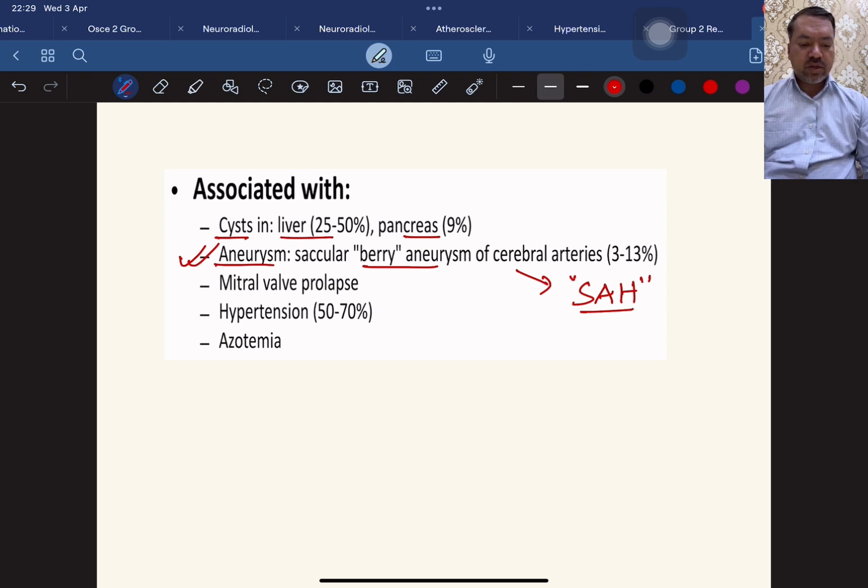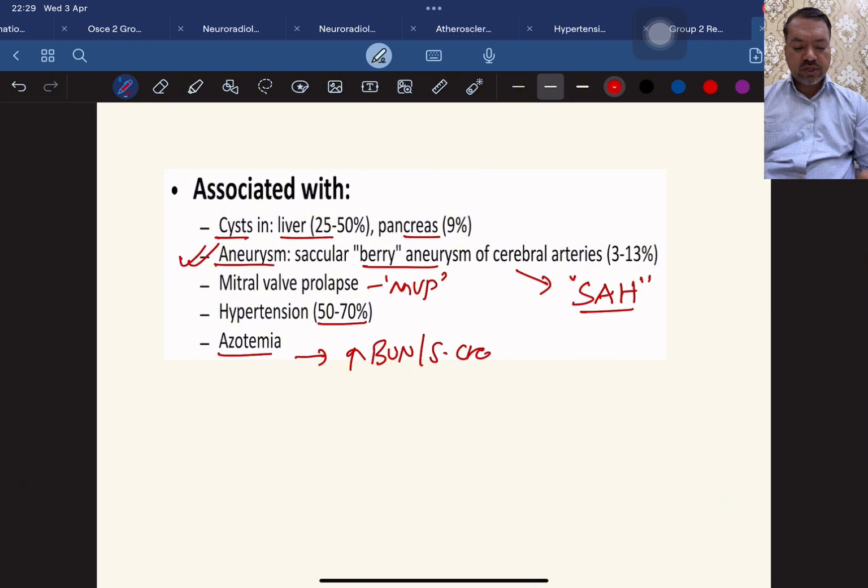But in the majority of cases, they are already unconscious. Mitral valve prolapse, which is called MVP. Hypertension we already talked about, and azotemia. Azotemia means increased blood urea nitrogen and serum creatinine. So this is also quite common in this case. These are some of the important questions here.